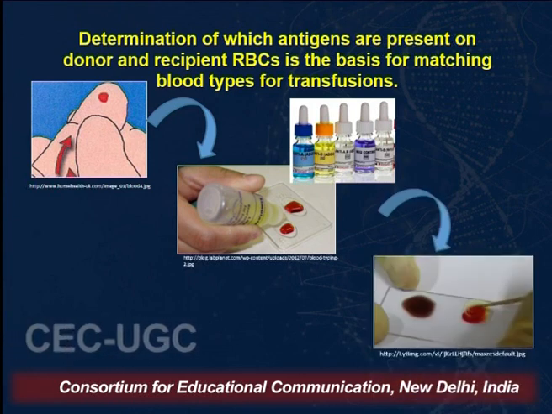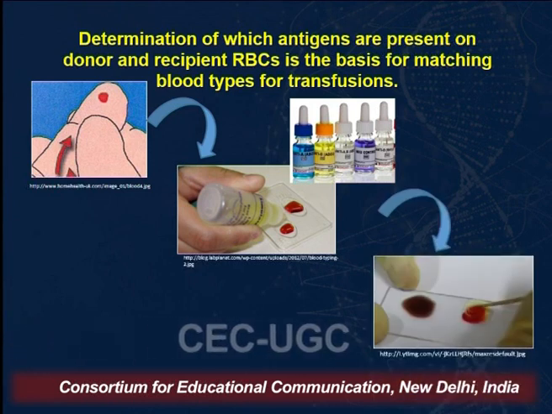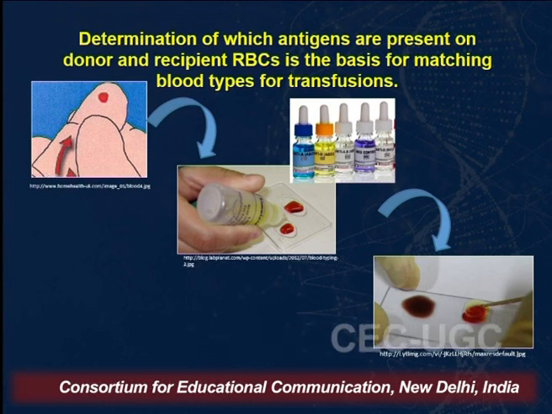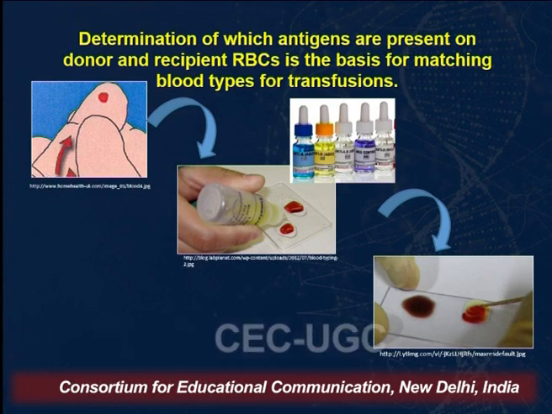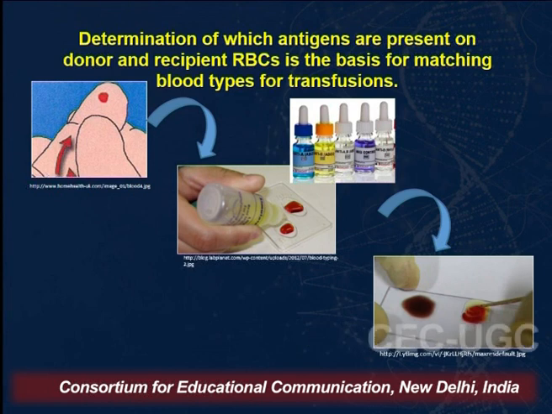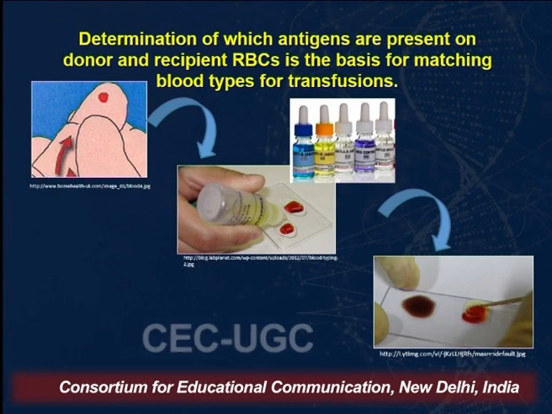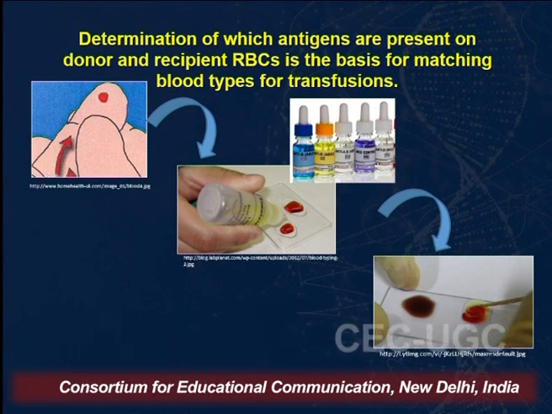Depending upon the presence of the antigen, the agglutination reaction takes place. Suppose antigen A is present on the blood RBCs; this will react with the anti-A antibody added to the sample, and there will be an agglutination reaction. We can see in the image that the agglutination reaction is taking place.